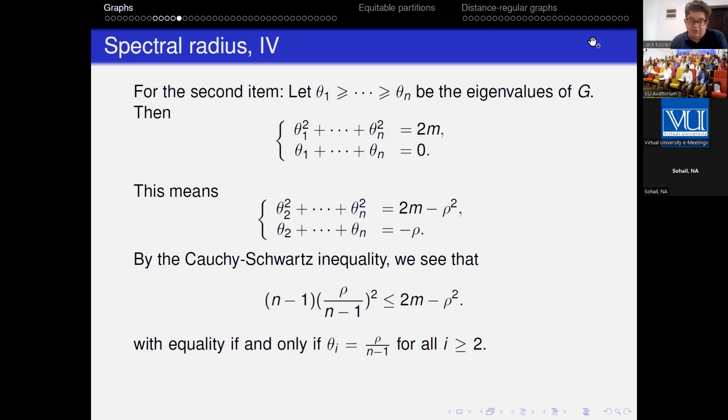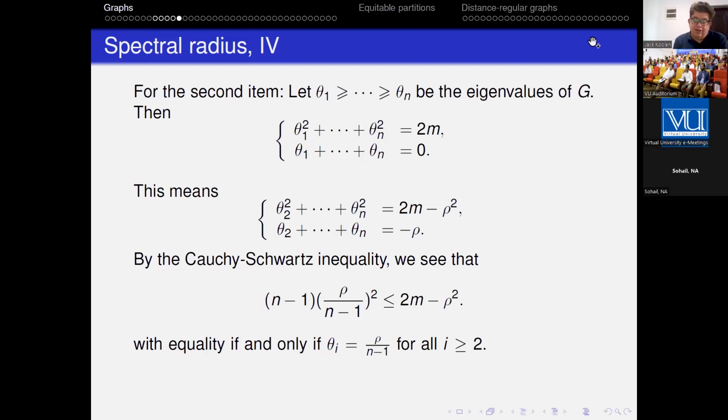Then we use the Cauchy-Schwarz inequality, and we get this. Or maybe I should have said minus rho over n minus 1 instead of rho over n minus 1, but that is a small difference because the minus 1 disappears when I square, so it is exactly the same.